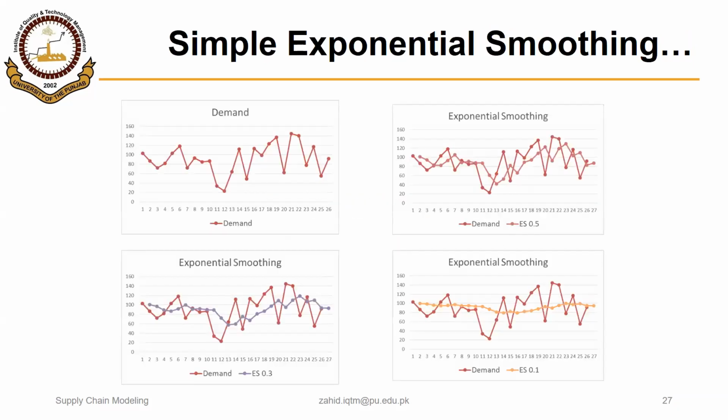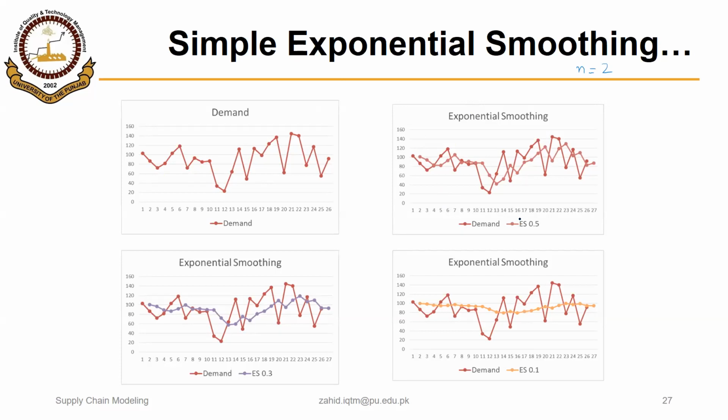If we have random variations in the data, and you could see that this is the same data that we discussed to explain the effect of the value of n, the number of periods in the moving average method, there are random variations in data, significant changes in the data from period to period.